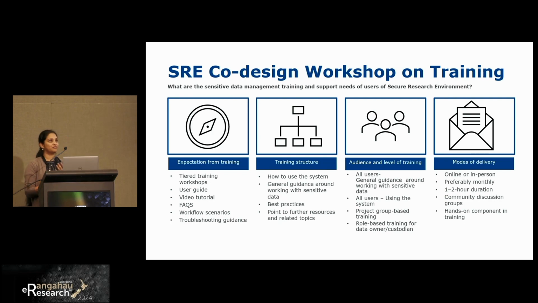As part of storing your sensitive data, the university has now started an initiative on a secure research environment. As part of it, we have a co-design workshop where we have invited stakeholders from both academic as well as research support teams.